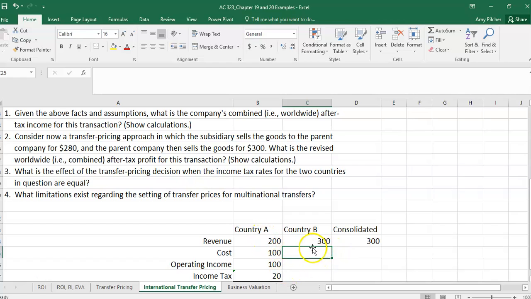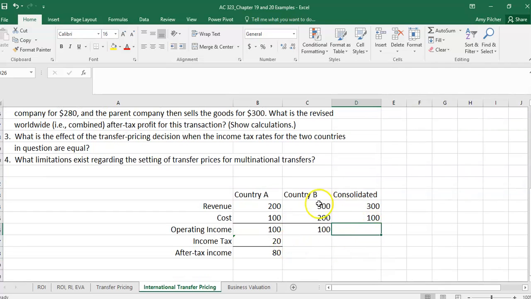The cost to country B is the $200 revenue from country A. That's the transfer price. The cost for consolidated is $100. So remember, we don't show the transfer price effect at all in our consolidated financial statement.